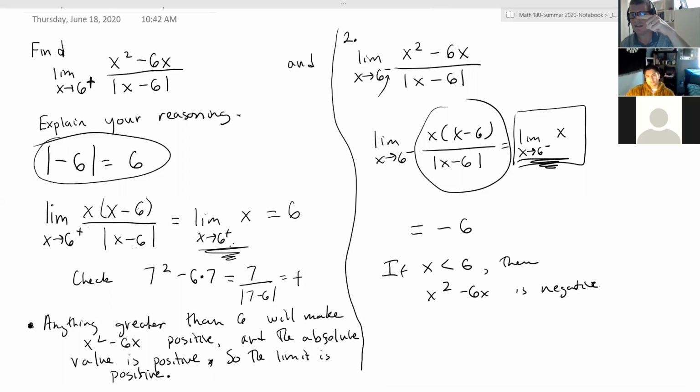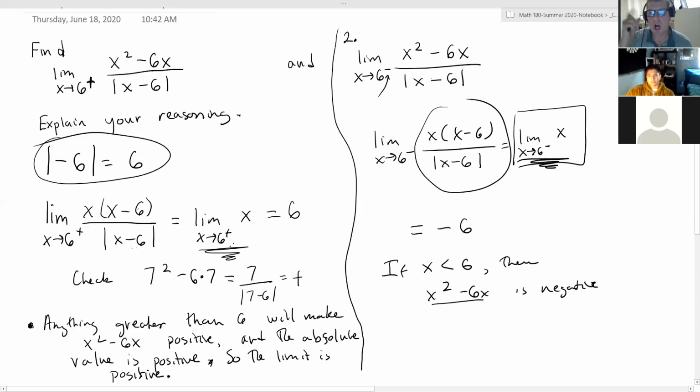As I get closer and closer to 6 on the negative side, I'm in the negative area. All those values are negative. So I'm going to be approaching negative 6, not positive 6. That's because x squared minus 6x is negative, and the absolute value of x minus 6 is positive.